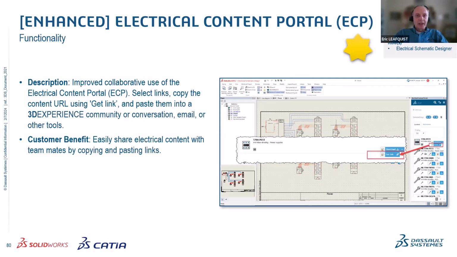New in FD01 is the ability for the user to grab the link to various content as they browse through, and then to be able to share that using a 3DEXPERIENCE community, 3DEXPERIENCE conversation, email, whatever the communication tool is to be in touch with your team. An efficient way to enable people to quickly find interesting content for the next phase of the design.